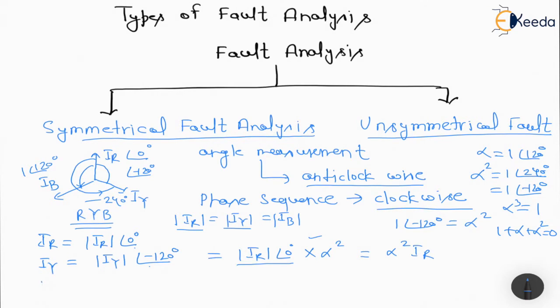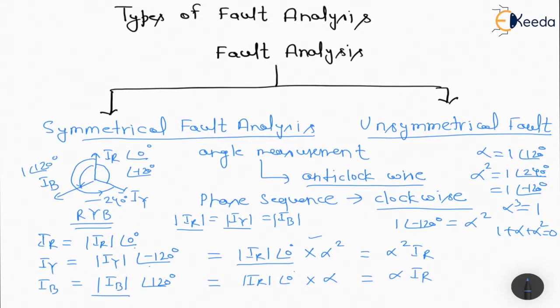And the third one is IB. We can write mod of IB at the angle of 120 degrees, which is mod of IR at the angle of 0 into 1 at the angle of 120, that is alpha, so it can be represented as alpha into IR.